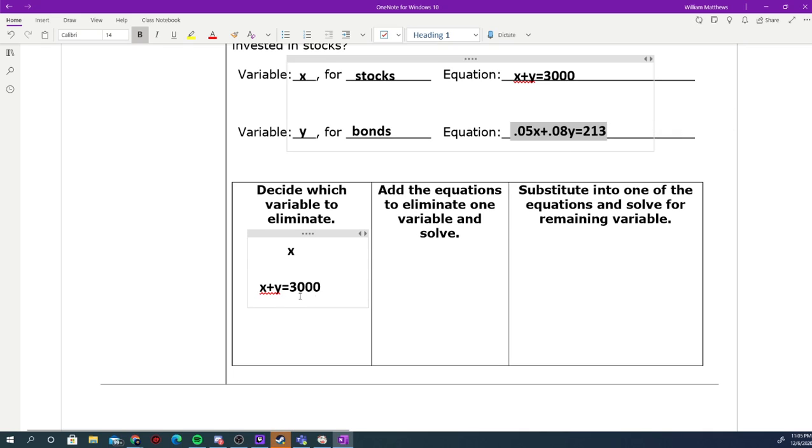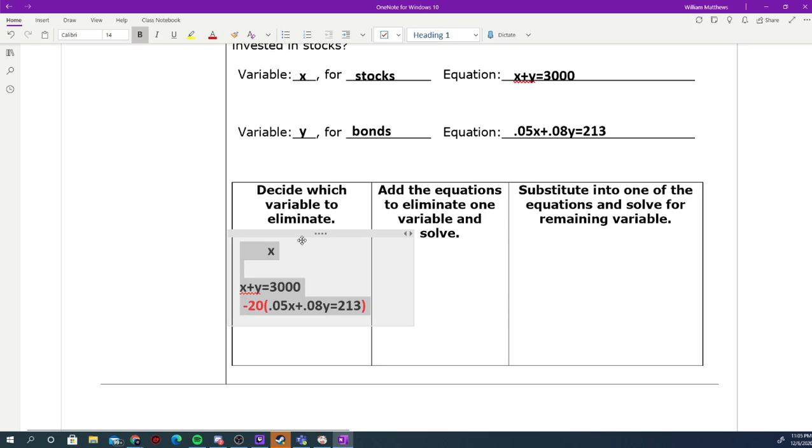Need to rewrite my two equations. This time, I'm going to multiply by the negative 20. Shift everything over and make it look nice and neat, no other purpose other than wanting to make it look nice and neat. Now this is saying that I'm going to eliminate x.